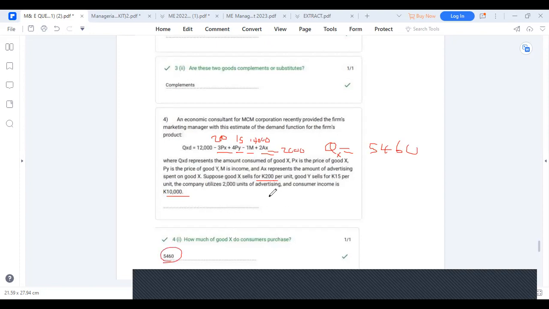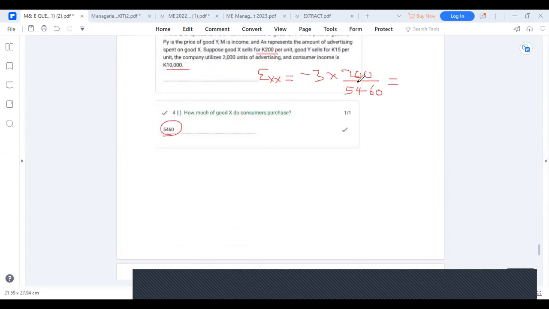Then how do you find the own price elasticity, X against X? The gradient for good X is what? -3. The price for good X is what? 200. It's at 200, over the quantity we just calculated here. So when you divide that, what are you getting?